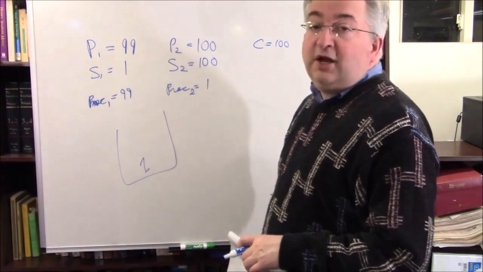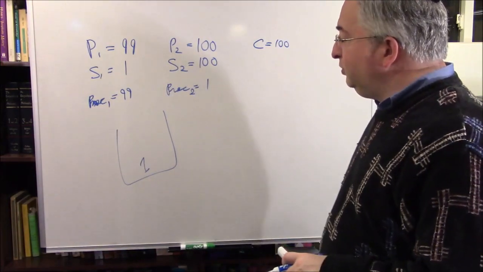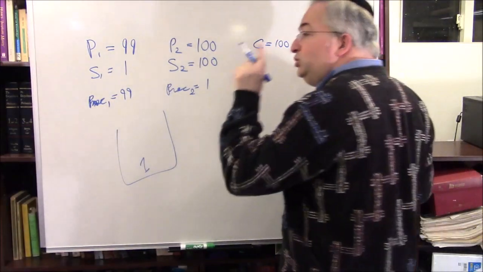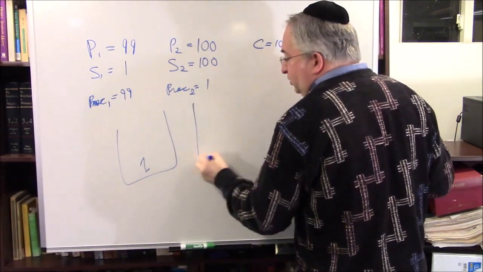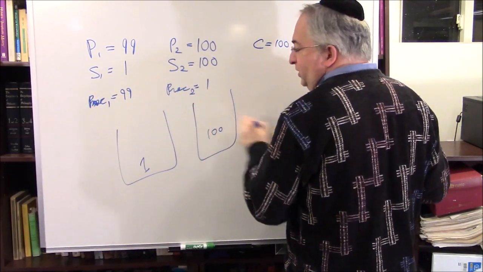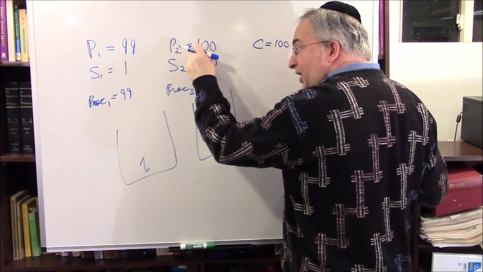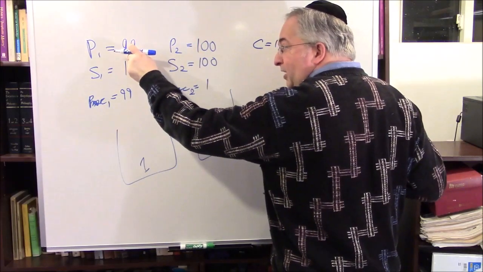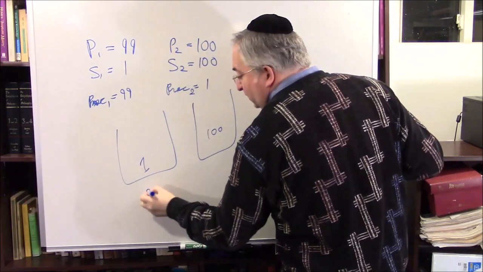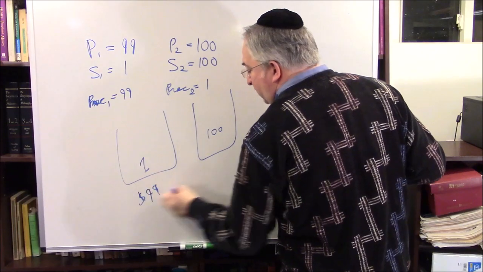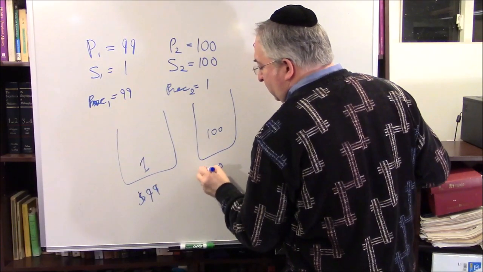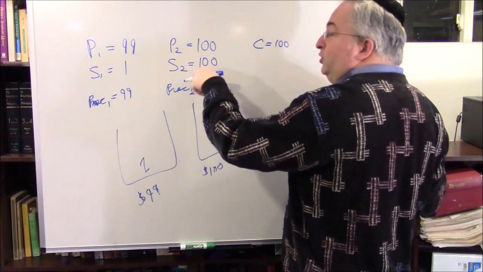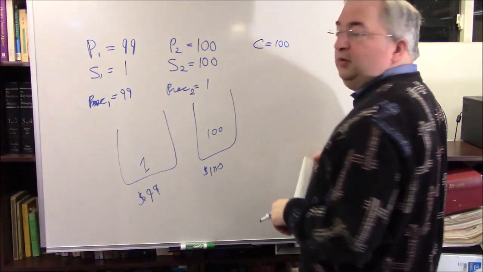You'll make $99. But if you don't follow that algorithm, look what you'll do. You'll take 100 of these. You'll make $100, which is better than $99.